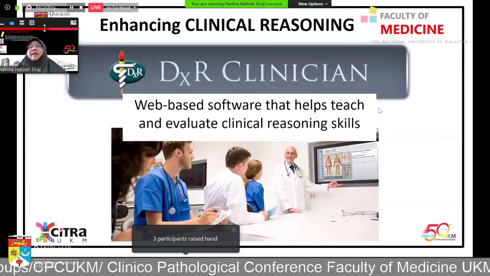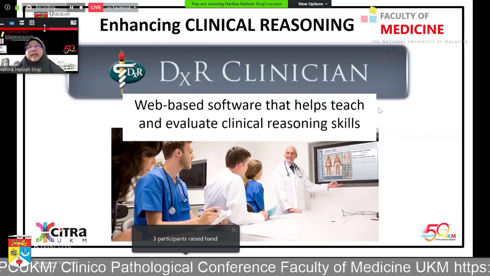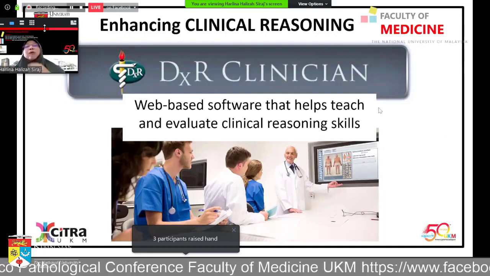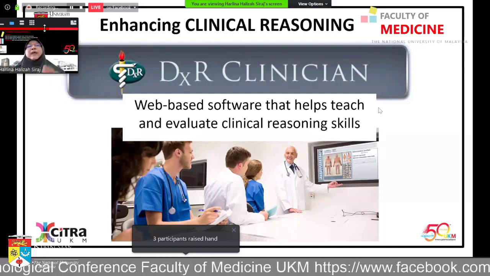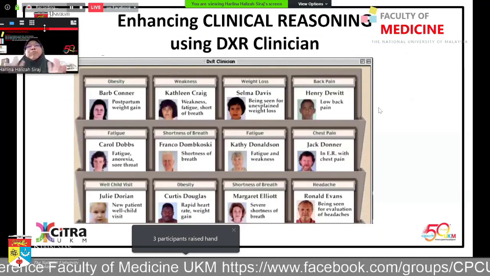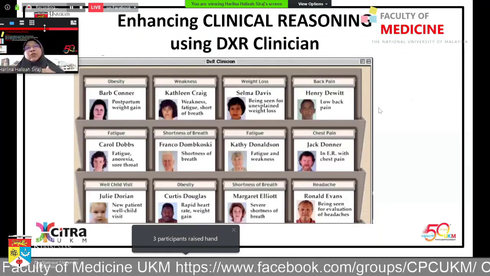Now, another thing is this Dxr Clinician. This is just one of the examples. It is a web-based software that helps teach and evaluate clinical reasoning skill. For the Faculty of Medicine, we have purchased this, and they have this menu of patients, and you can just choose.